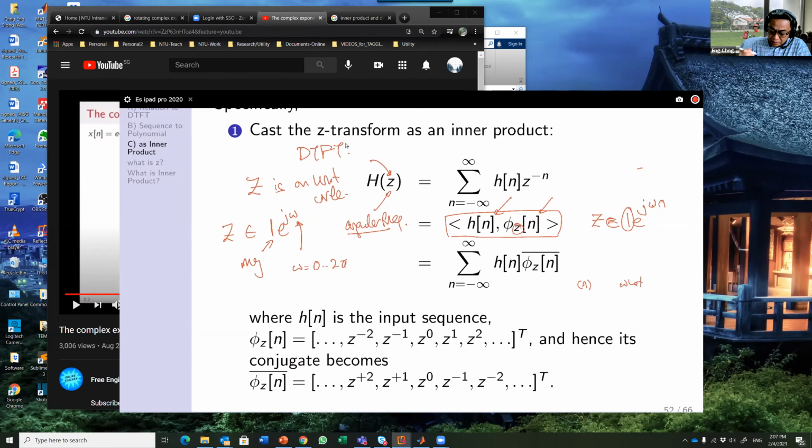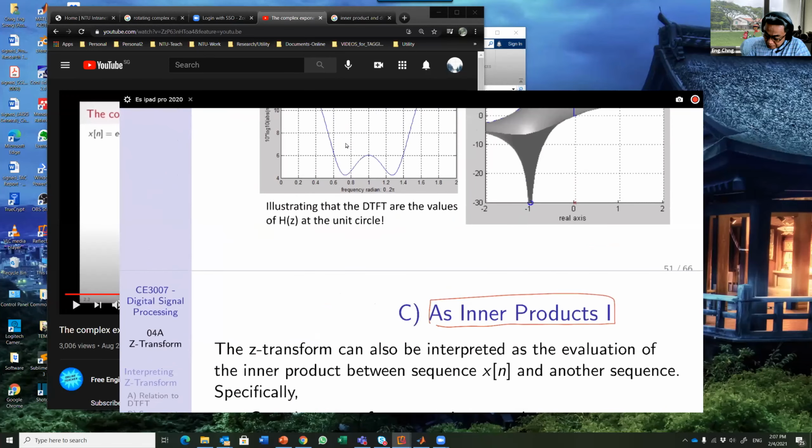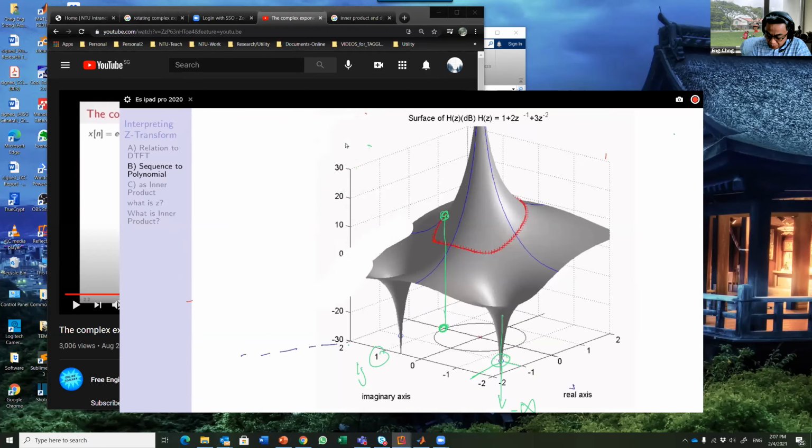Where is 1 e^(j omega)? It is this red. What do you call it? This red line.